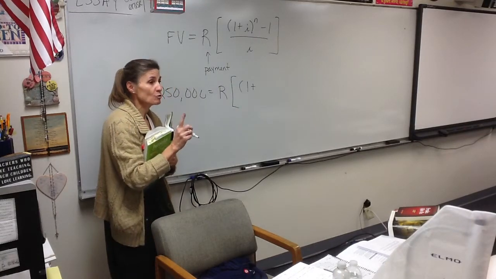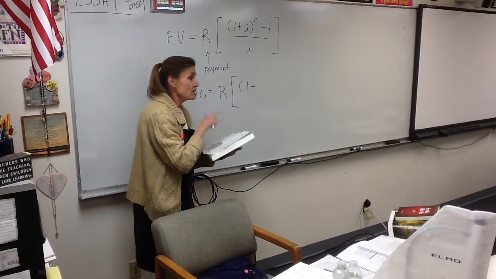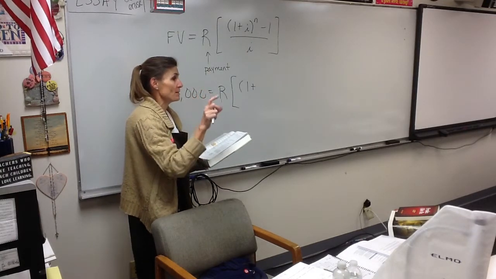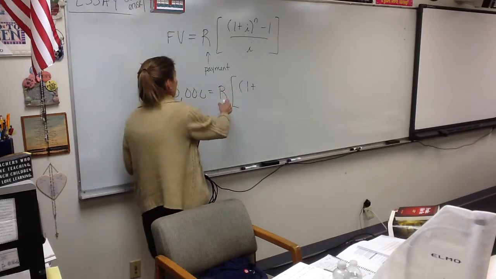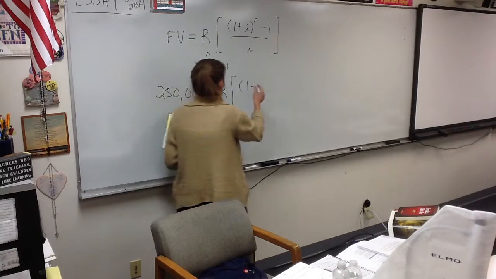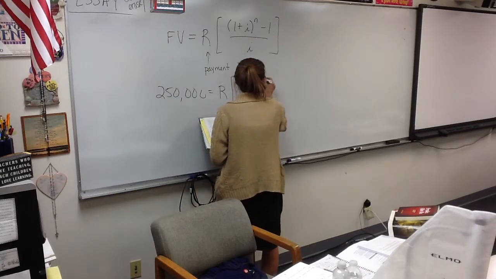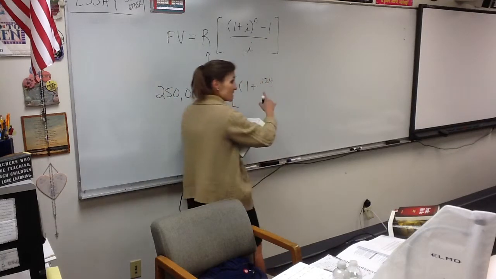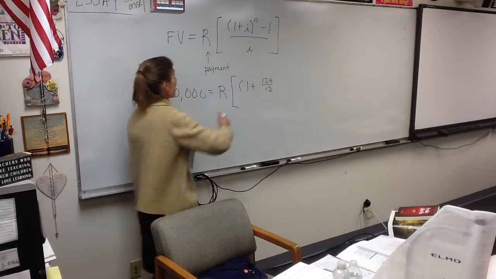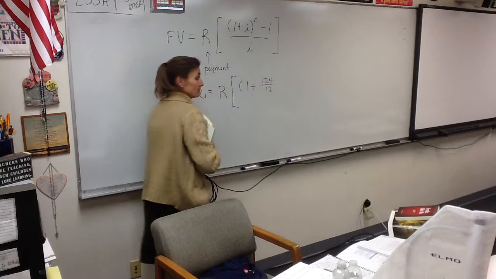Now here's what's tricky about it. It's the interest rate per month. It's the interest rate divided up into these monthly pieces. So when you put this into your formula, you have to put in 0.124, that's the interest rate, divided by 12. That's what goes in for I.